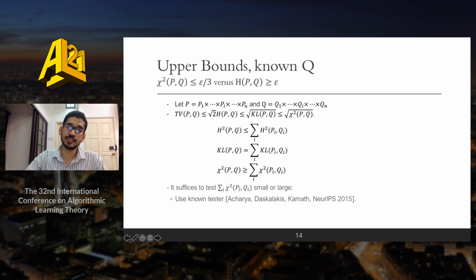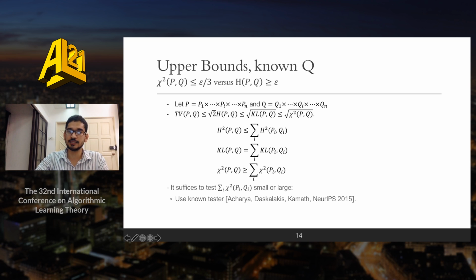I'll just conclude with a few insights from our work. Firstly, for the chi-square versus Hellinger case, we leverage certain important inequalities. If I look at the distribution P, whose ith component is Pi, and Q, whose ith component is Qi, and I traverse this inequality from left to right, then we observe that the Hellinger squared distance is sub-additive in terms of the component distributions.